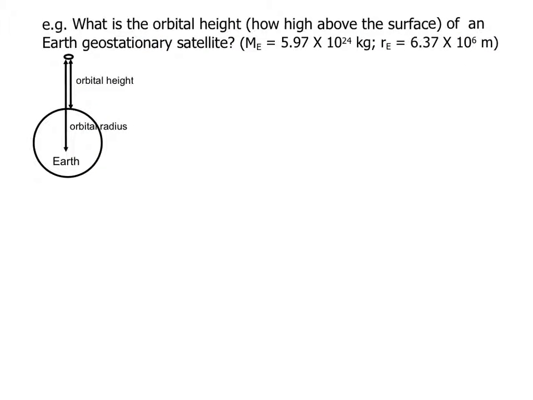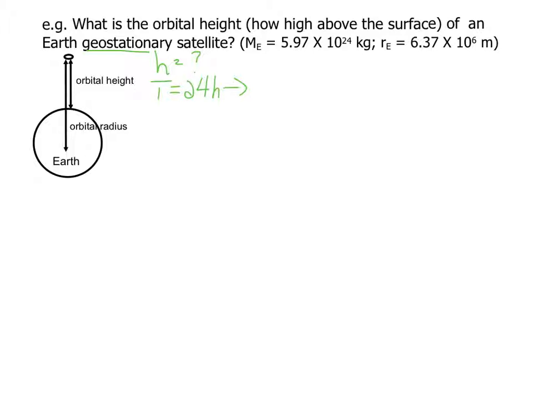So now let's try one last question, this time dealing with an Earth geostationary satellite. Here we're asked to find the orbital height, so h equals question mark, of an Earth geostationary satellite. Because we know it's geostationary, we know that the period is 24 hours.